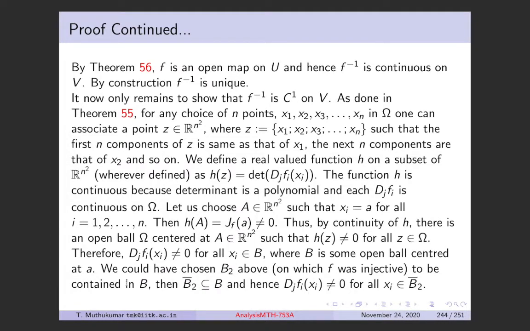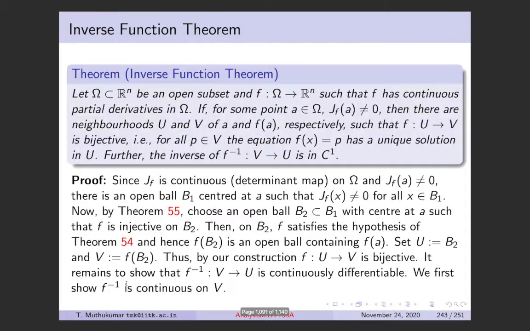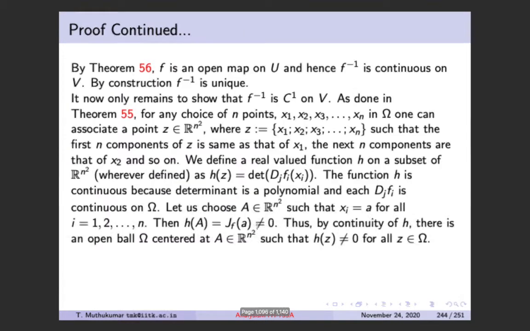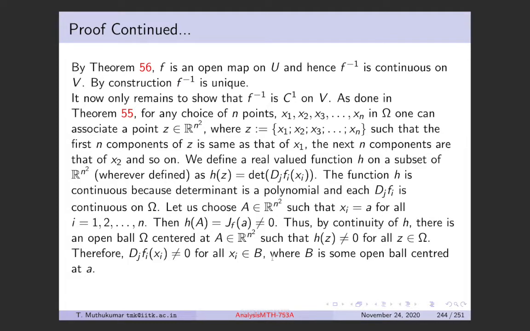So the B2 that we have chosen here, we had chosen a B2 from this theorem 55: you can choose an open ball B2 in B1, centered such that F is injective on B2, right? This B2 could have actually been chosen as contained in this B, because this B is again something centered in omega, so you can choose a B2 contained in B, okay?